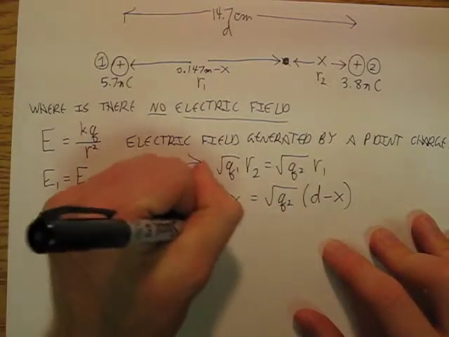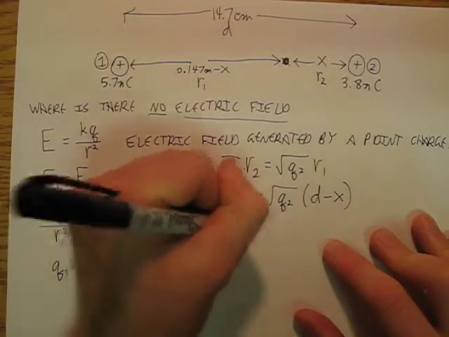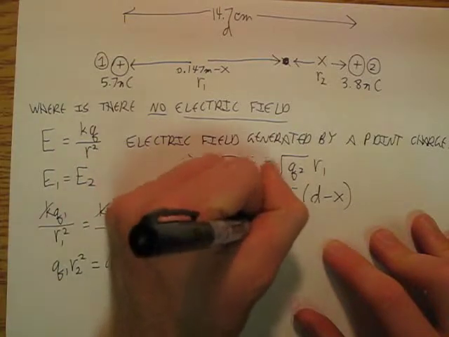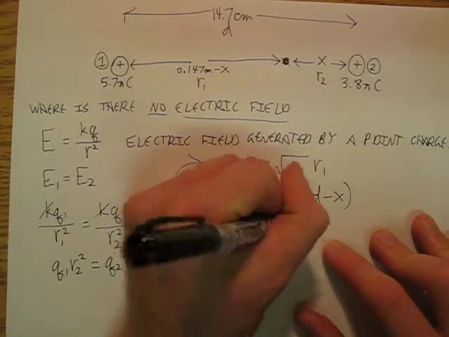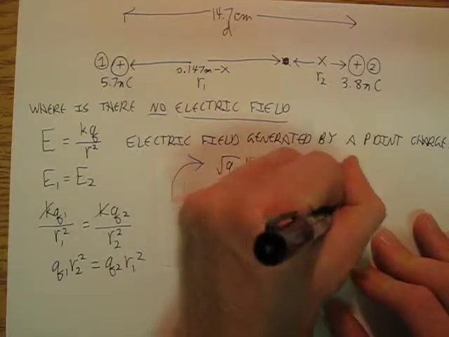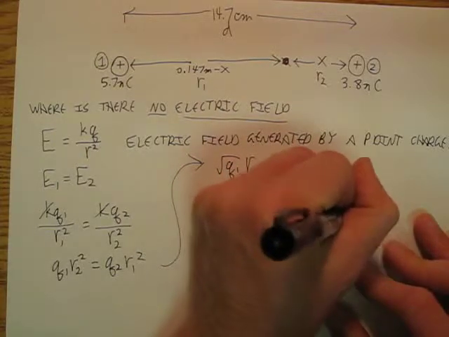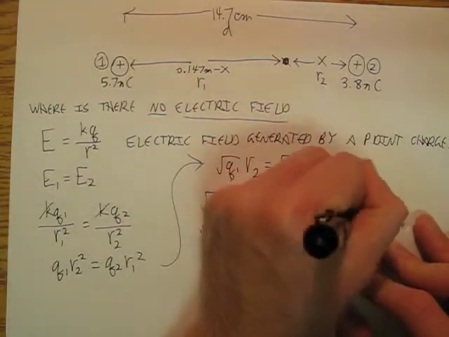Distributing, square root of q1 x is equal to square root of q2 D minus square root of q2 times x.